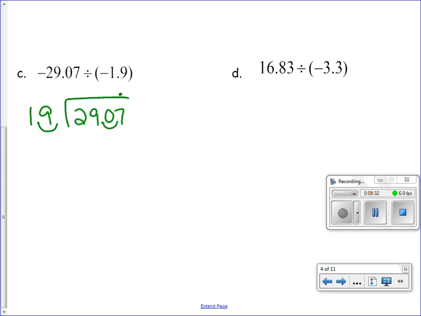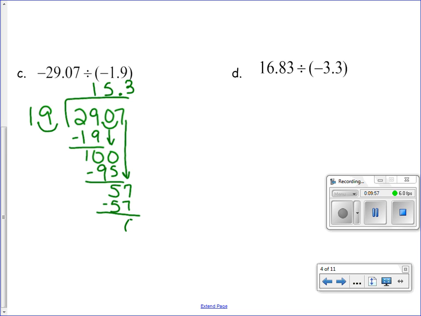Now I'm ready to divide. Again, before I move to the next, I check to make sure that my sign is correct.